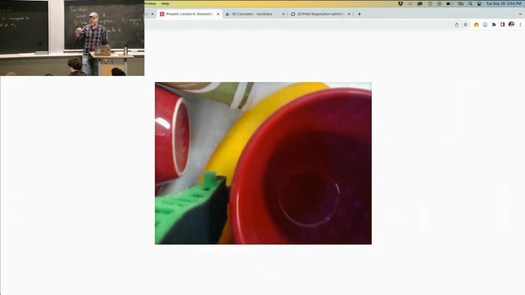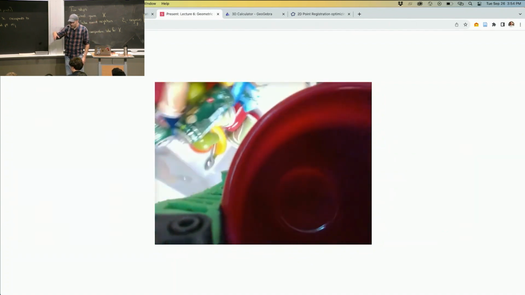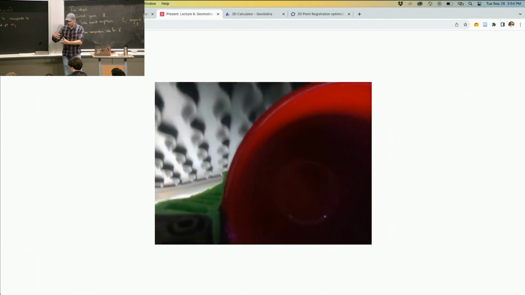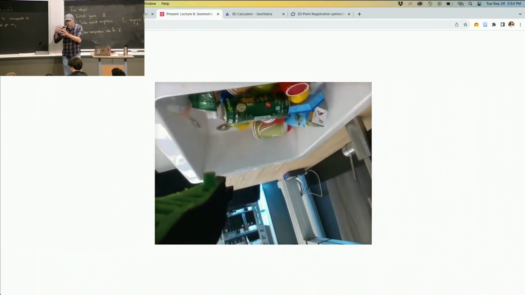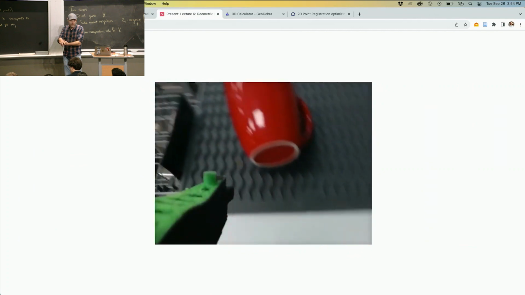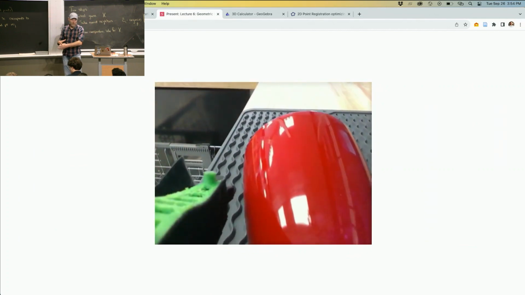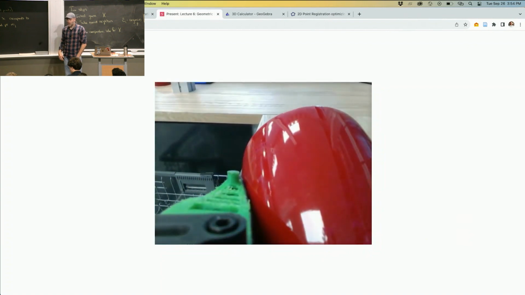That was running ICP. It wasn't the ICP updates exactly, but when it goes there, it has a model of the mug, and it actually tried to align the model of the mug before going in, to close the difference between the faraway camera's rough estimate of where the mugs were and actually making the pick. And people still do that today.